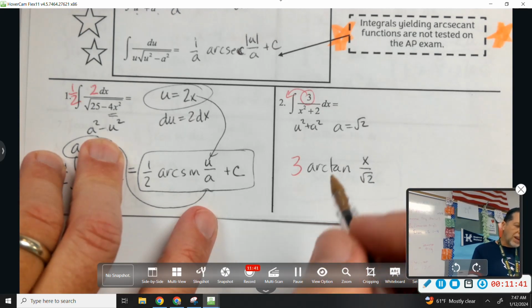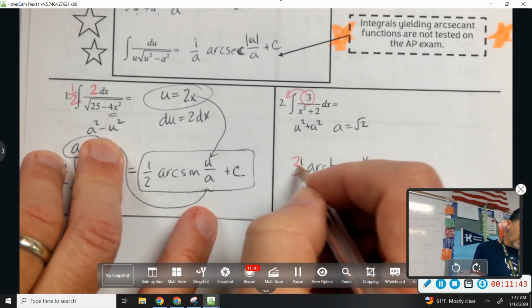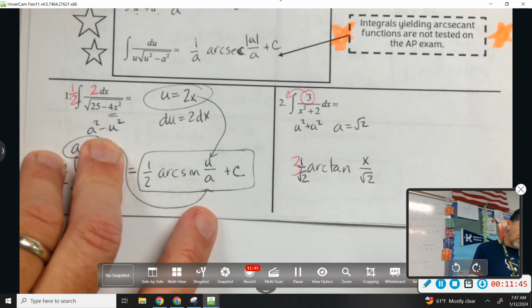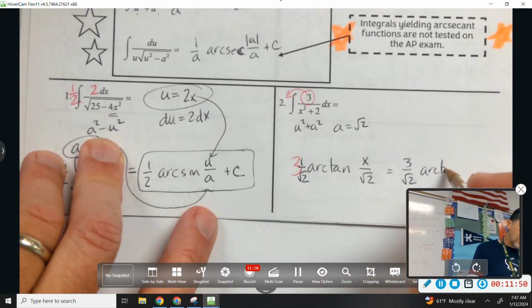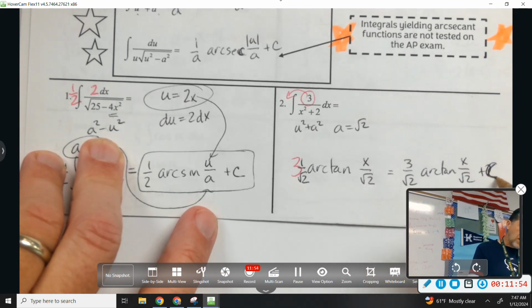But arctan has that extra a out front. So that looks kind of bad now. 3 over square root of 2. Arctan x over square root of 2 plus c.